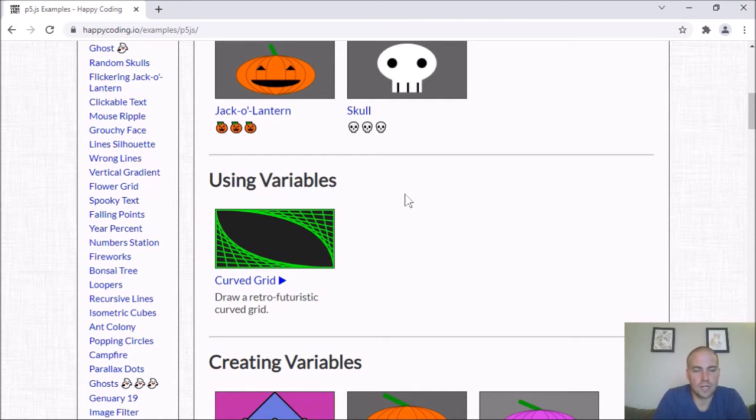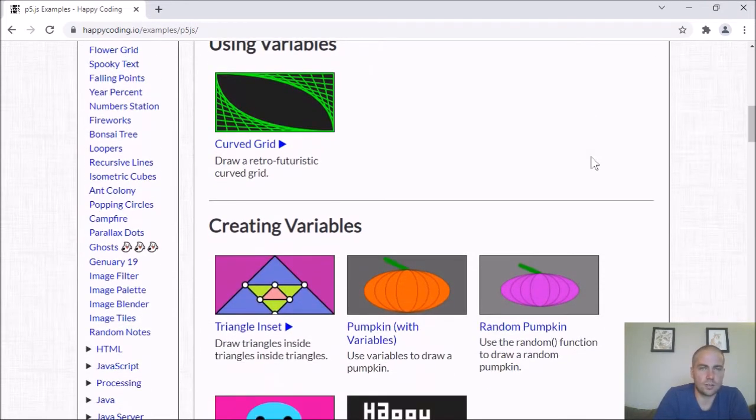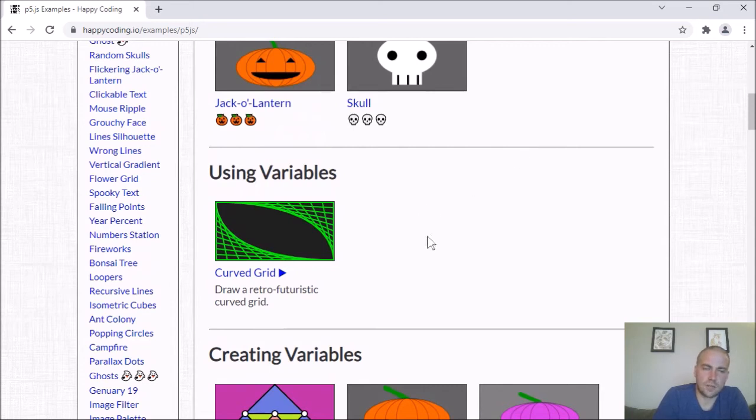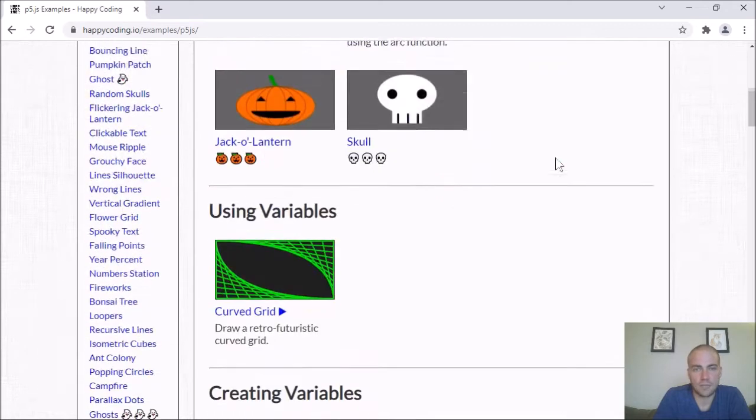But after you understand variables and how they work, you'll get to a point where you are using variables and creating variables, so it gets harder to justify making an example that only uses variables without creating any new ones. That's a little behind-the-scenes stuff I've been thinking about.